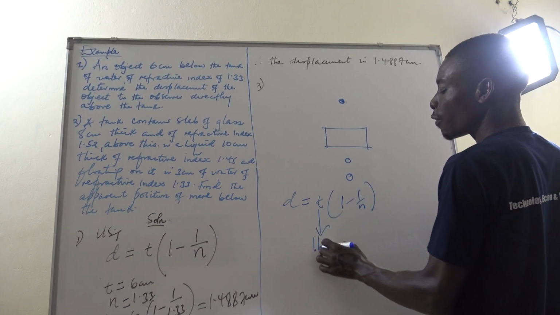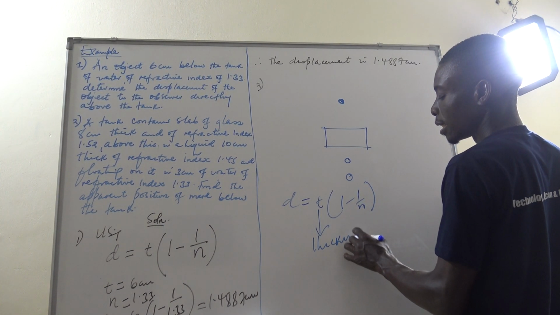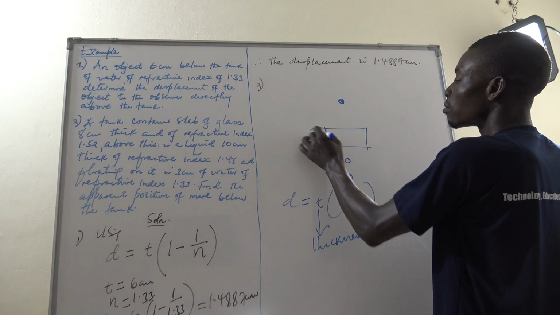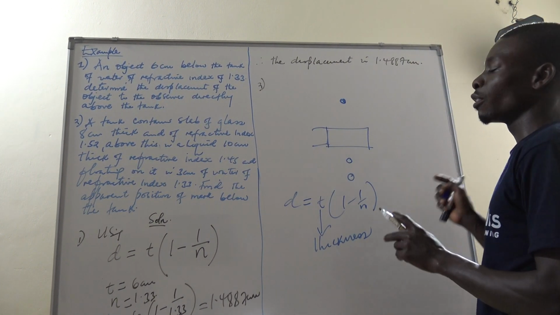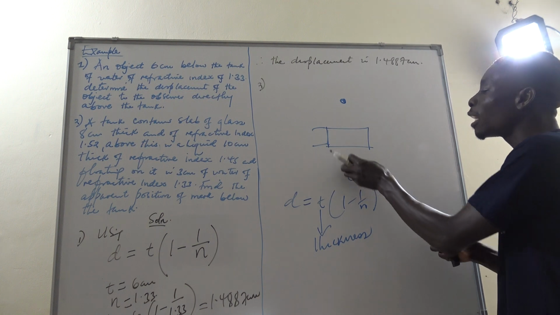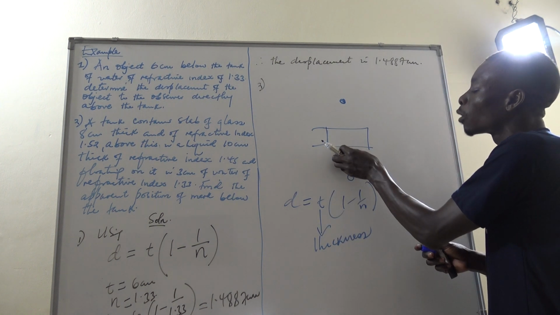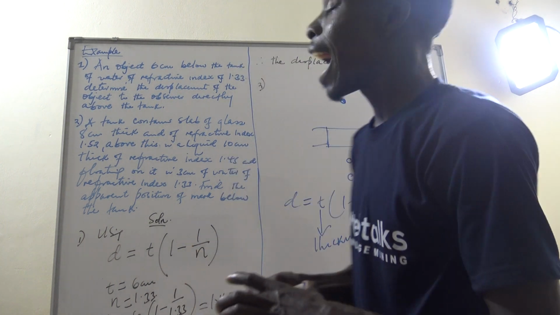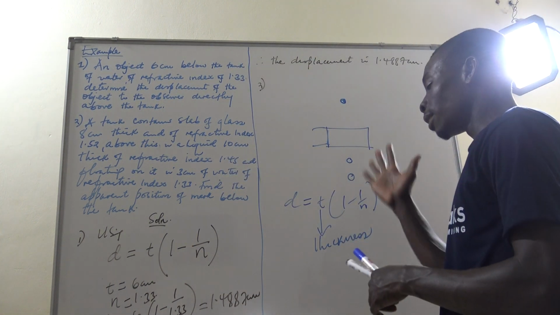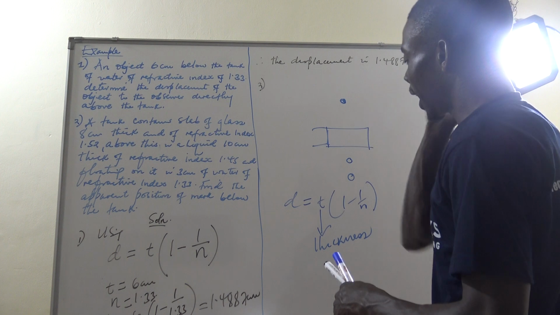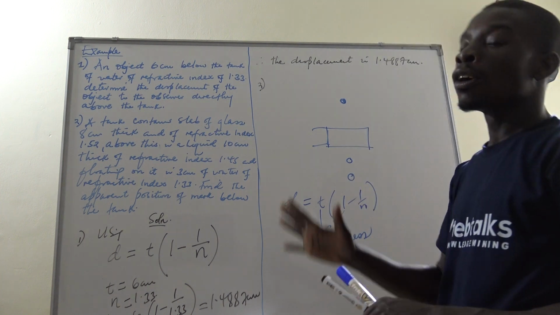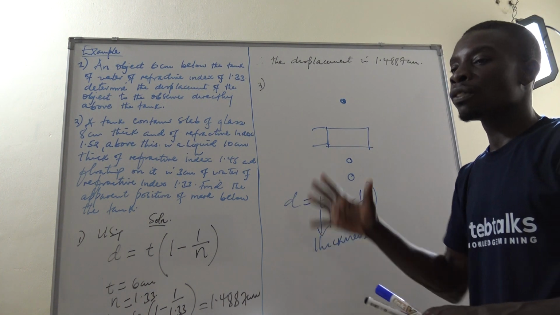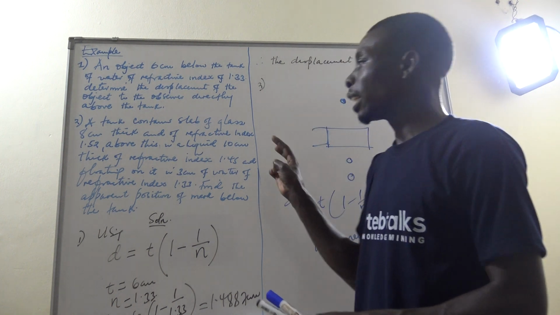Displacement is only affected by the thickness and the refractive index of the material. It doesn't matter if you put the object here or bring it close, that position does not actually affect the displacement of any object. That is note number 2.